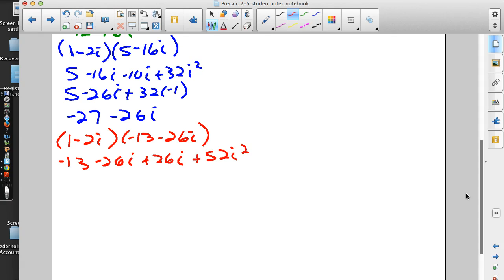Get that? We go, oh, something good just happened. These are going to cancel out, which is fantastic. So I'm really going to have negative 13 minus 52, which is really good news.